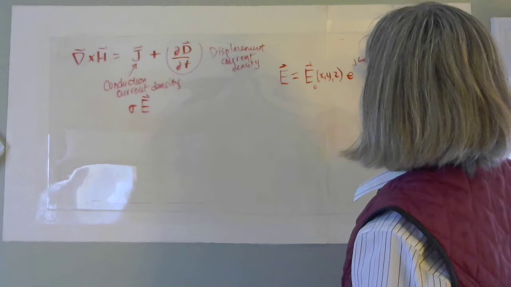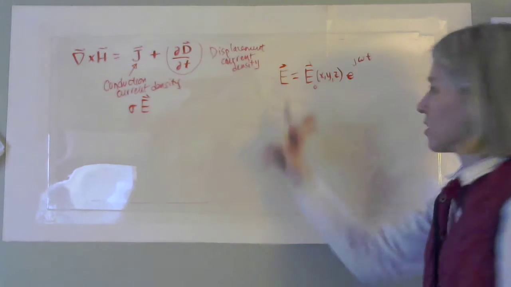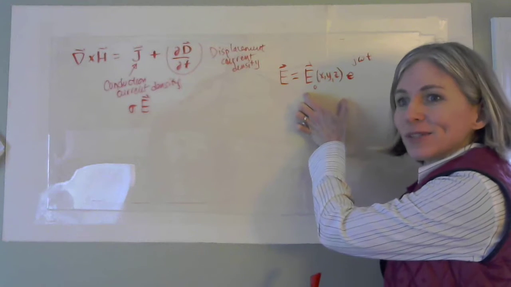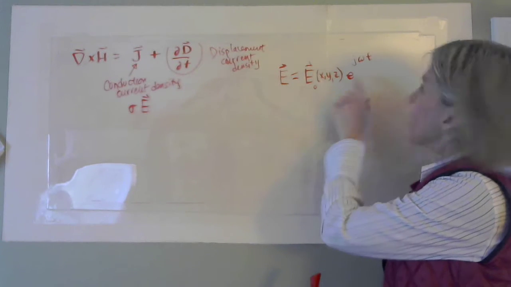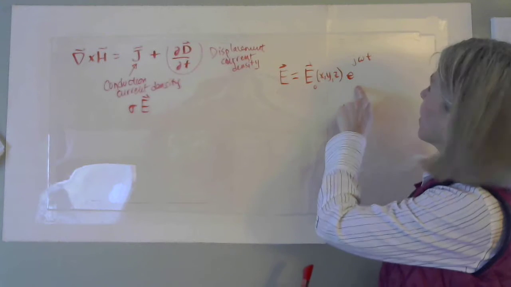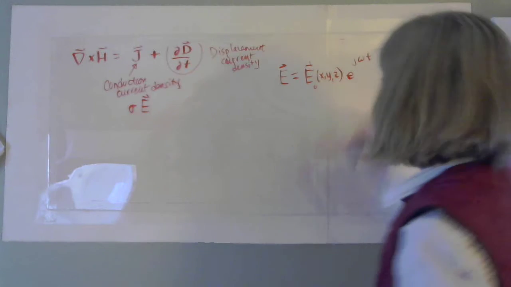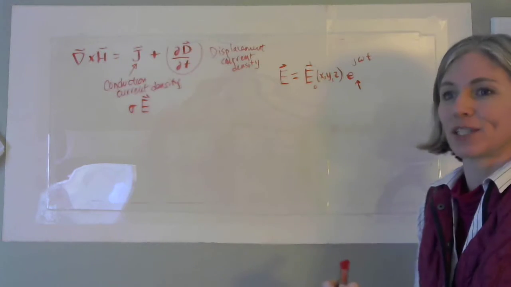The e to the j omega t. Okay, so we could describe an electric field as having this little amplitude that's just a function of x, y, and z times a sinusoid, complex exponential. And later on we're going to take the real part of it.